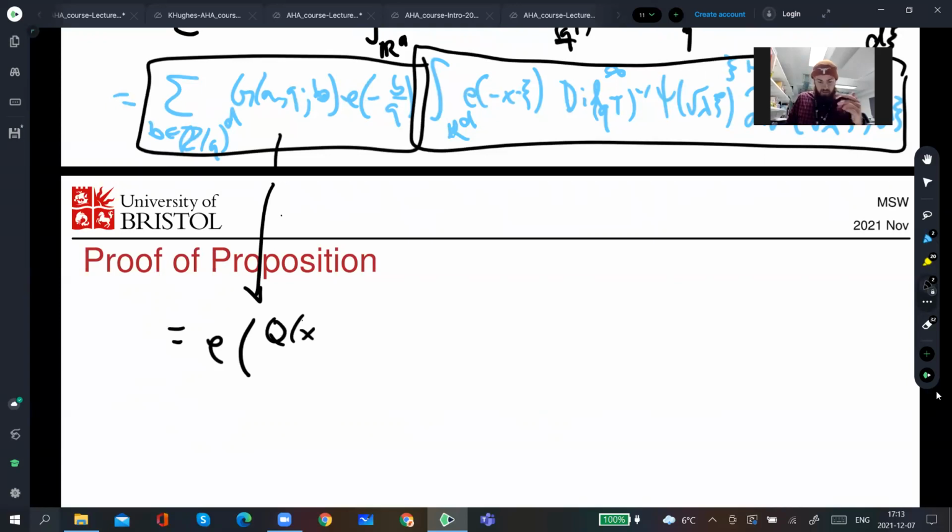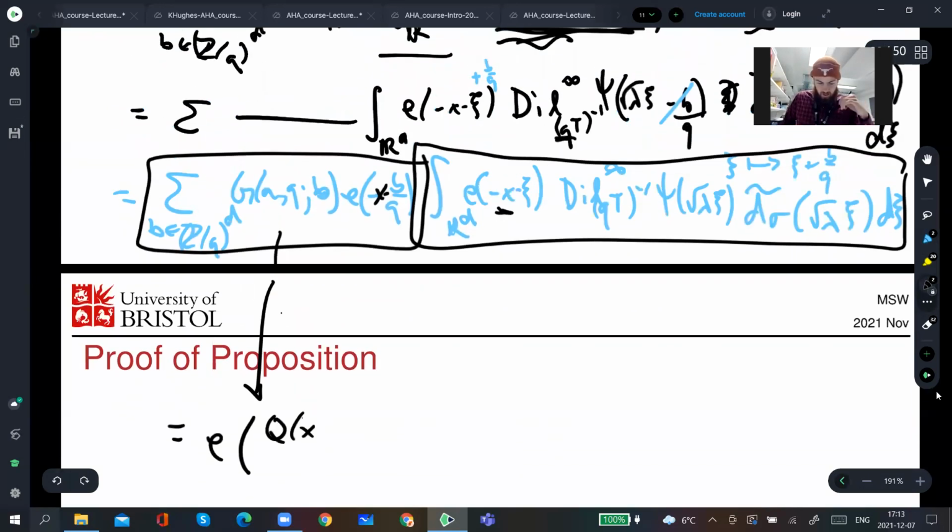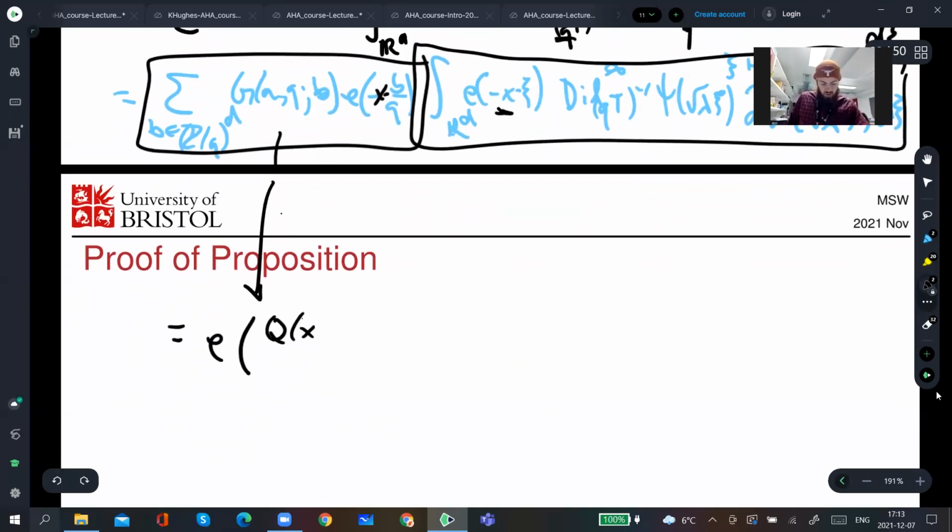I sum over b times there should be an x here, sorry, x times that, because there's the x coming there, right? So this is q of x over b, over q, sorry.